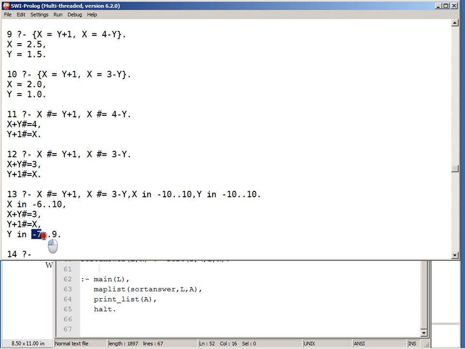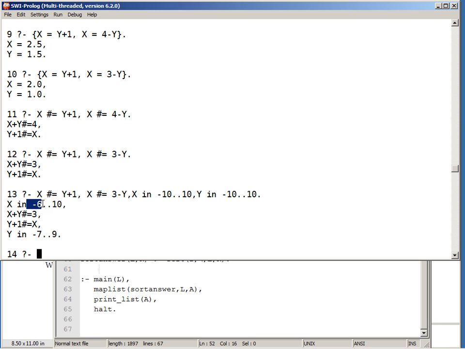So we're deriving a limit of minus 7 here. Similarly, when Y is minus 10, no, wait, yeah, so the largest value of Y is 9. So when Y is 9 here, X cannot be lower than minus 6.